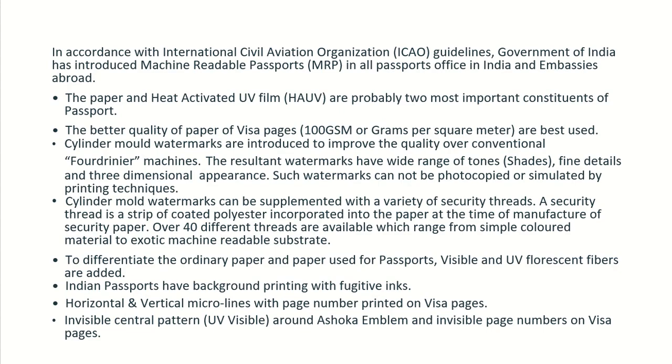The characteristic features of passport. In accordance with International Civil Aviation Organization (ICAO) guidelines, the Government of India introduced machine readable passports or MRPs. So the characteristic features of these passports are the paper and heat activated UV film, the better quality of paper of visa pages, that is 100 GSM or grams per square meter.